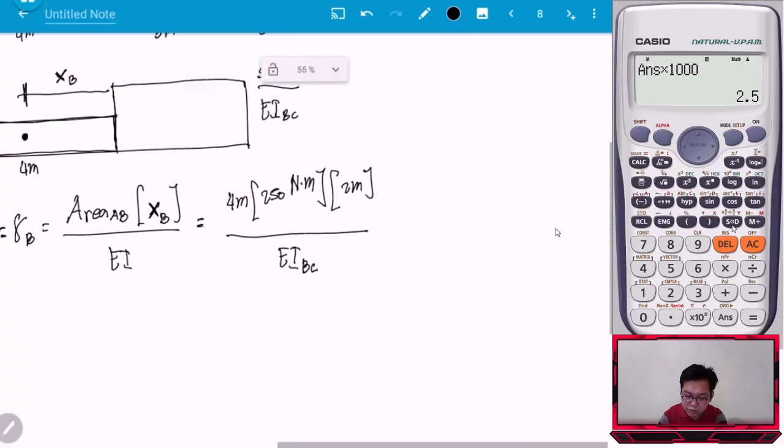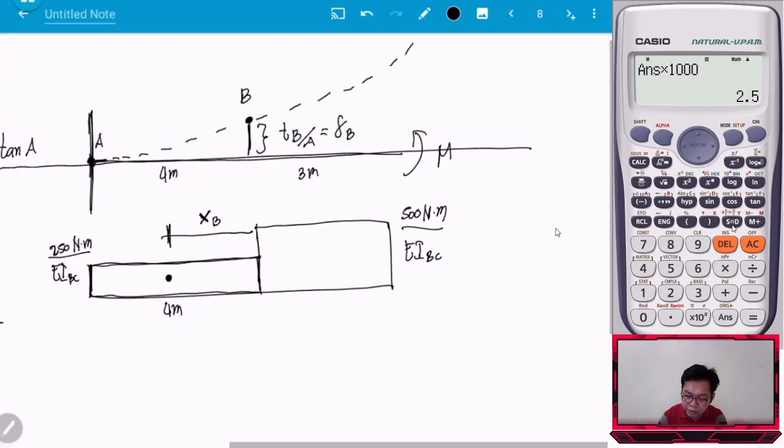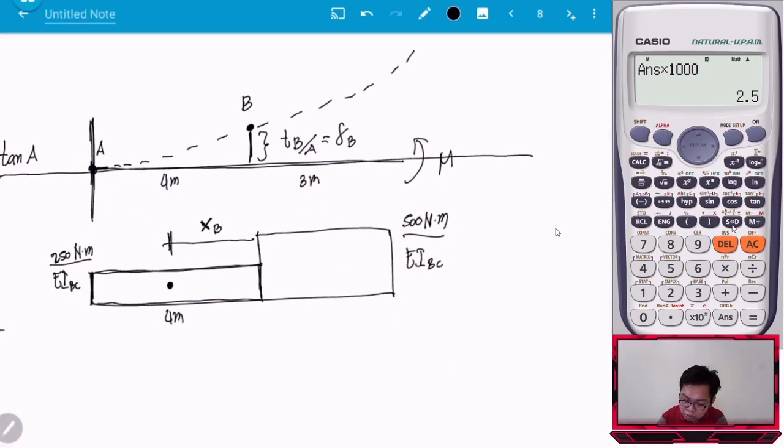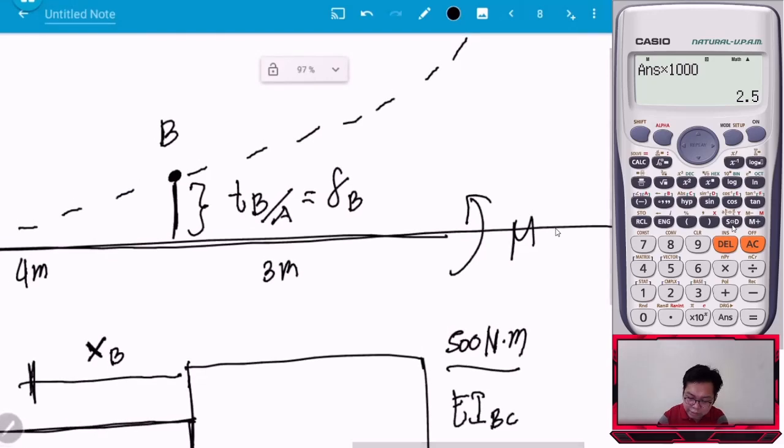Same pa din yung gagawin natin guys. Tingnan nyo. Buburahin ko to.